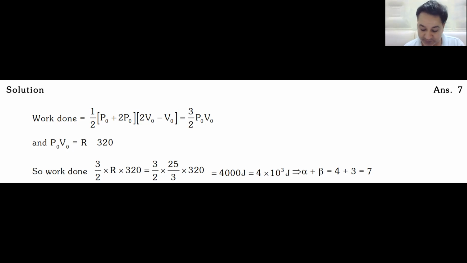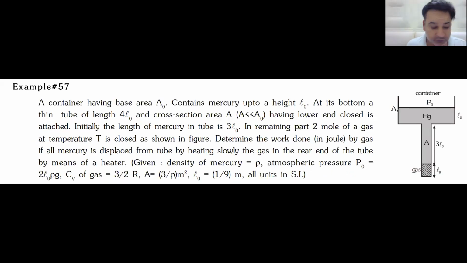And remember, sometimes the question may look quite appealing or quite tough, but it actually may not be so. This one: a container of base area A naught contains mercury up to length L naught, and its bottom is a thin tube of length 4 L naught, having its lower end closed.